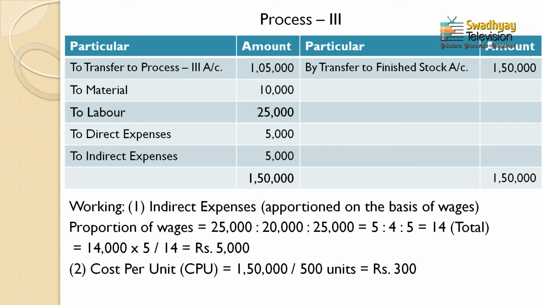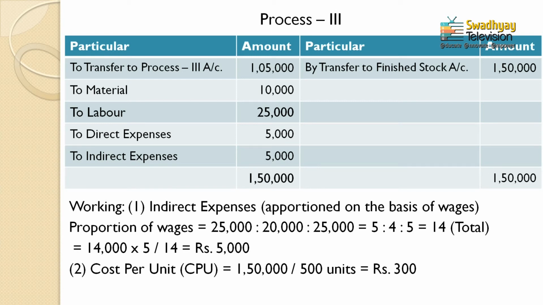So, 1,05,000 rupees is transferred from process 2, that is your first item, and along with that, whatever expenses are incurred in process 3, material, labor, direct expenses and indirect expenses, are recorded on the debit side of the process 3 account. This was taken from the question. Material expense incurred in process 3 is 10,000 rupees.